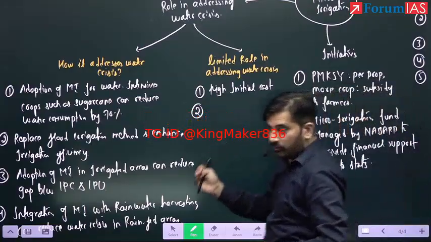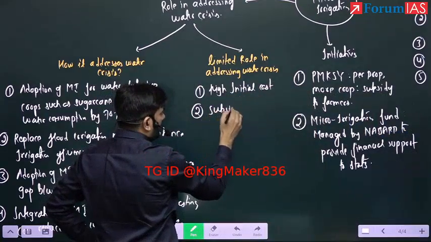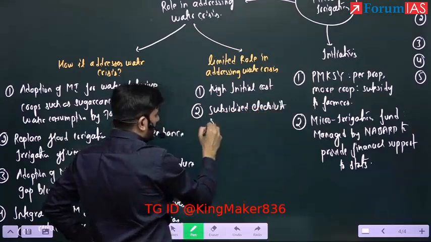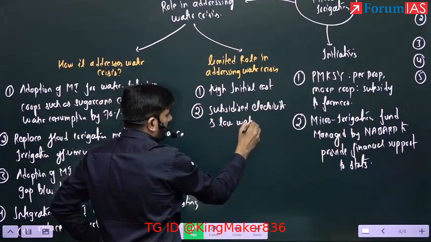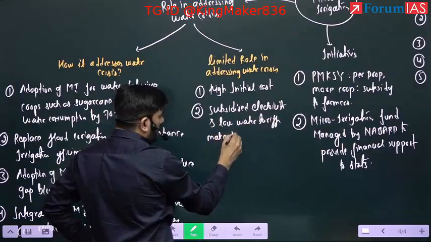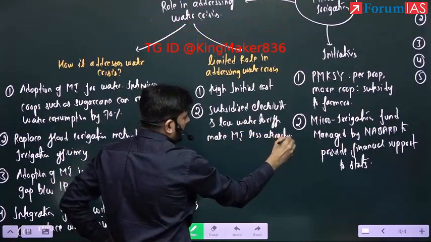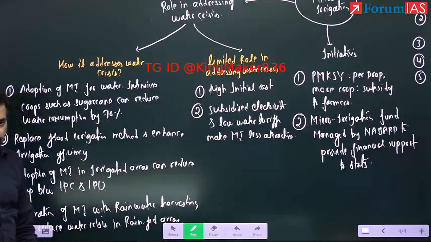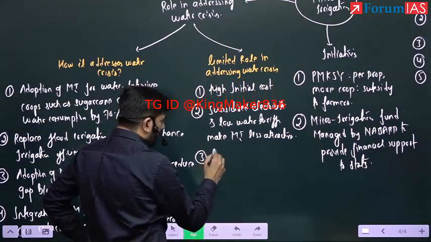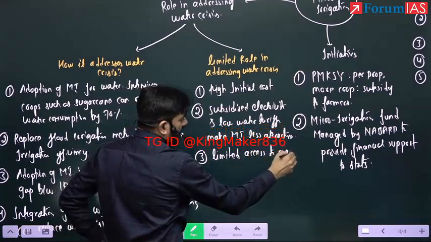So the second biggest problem is subsidized electricity and low water tariffs make micro irrigation less attractive for the farmers. Third is farmers generally have limited access to credit.